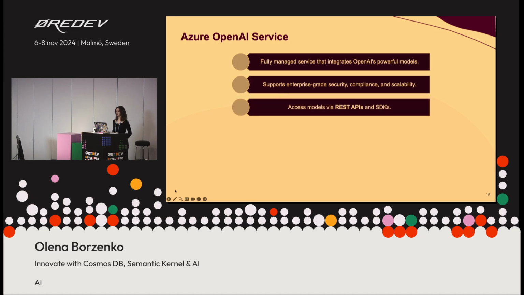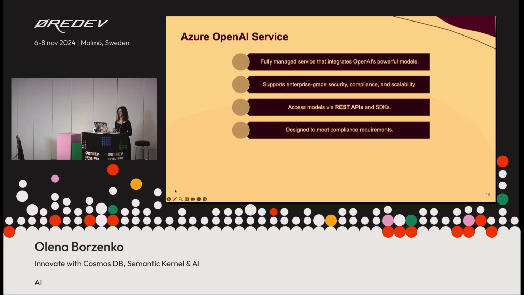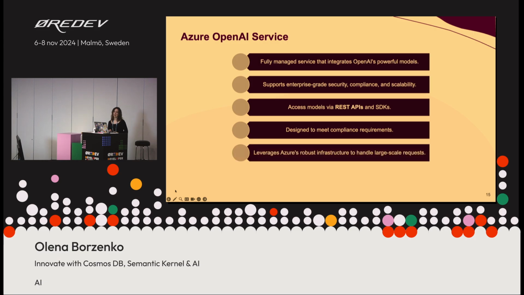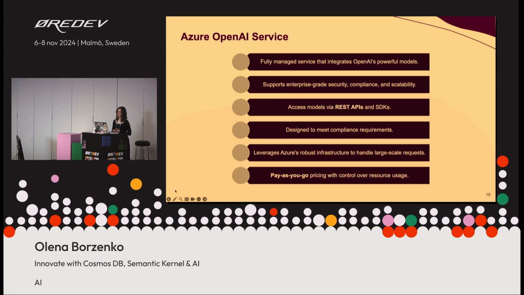You access models with REST APIs and SDKs, and we will see how to do this later on. It's designed to meet compliance requirements, leveraging Azure's robust infrastructure to handle large-scale requests. Azure takes responsibility for all the infrastructure from us, and that's what I like about Azure services. And pay-as-you-go pricing, so we can be very flexible and control our spending.